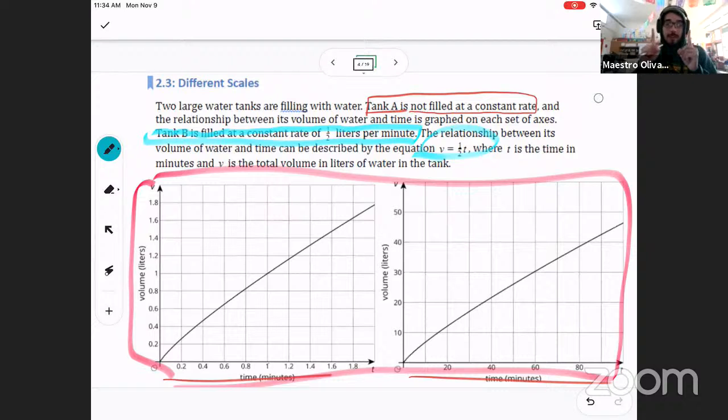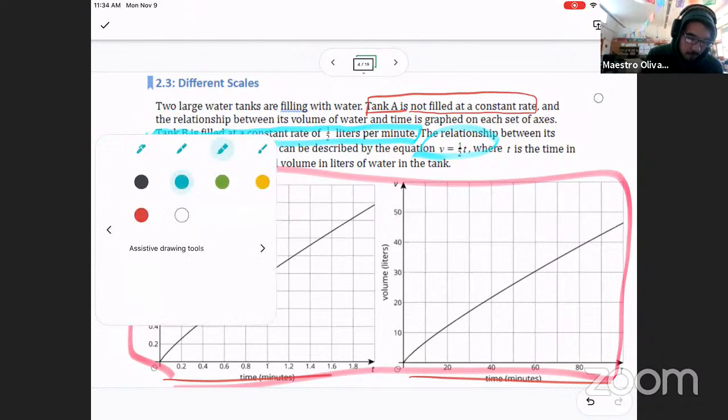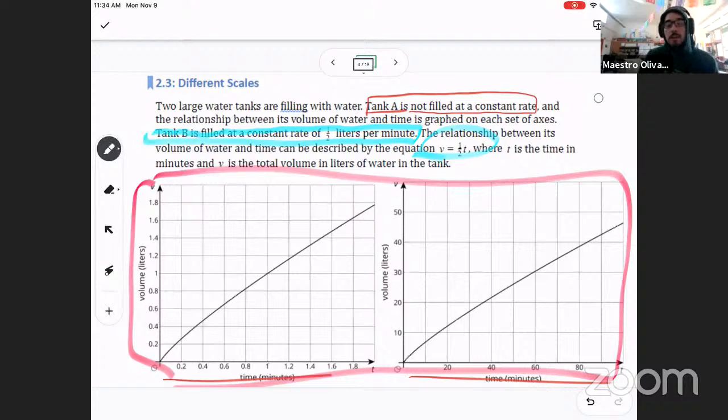So we have two different tanks, the red one and the blue one. My first question to you is, in 30 seconds, which tank has more water?